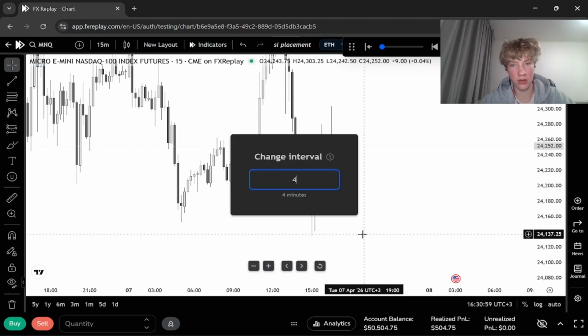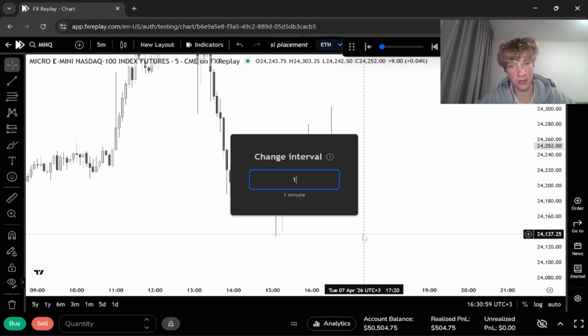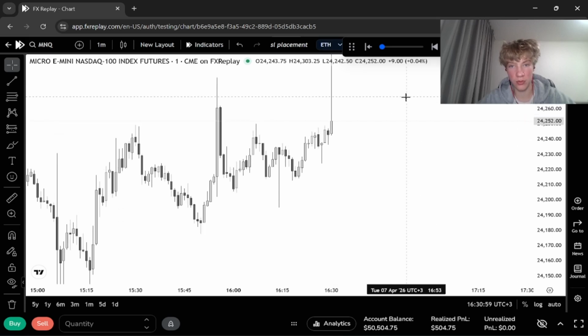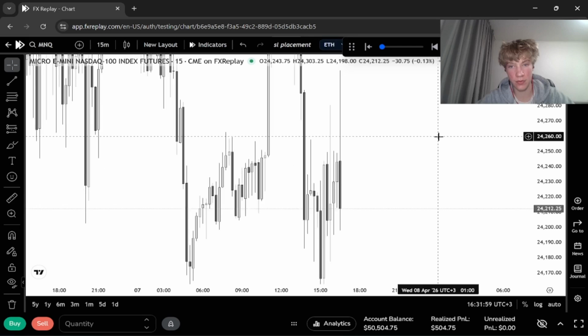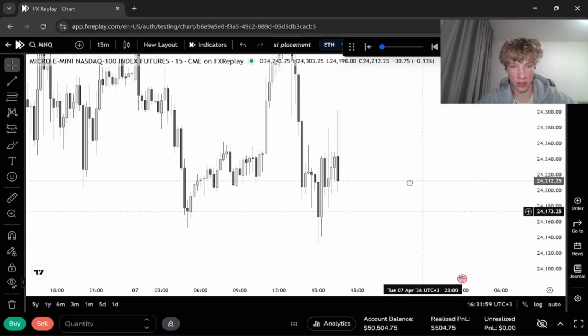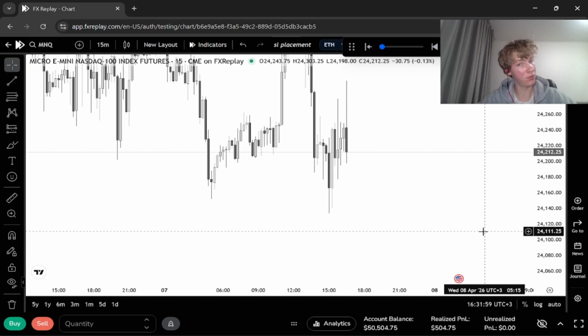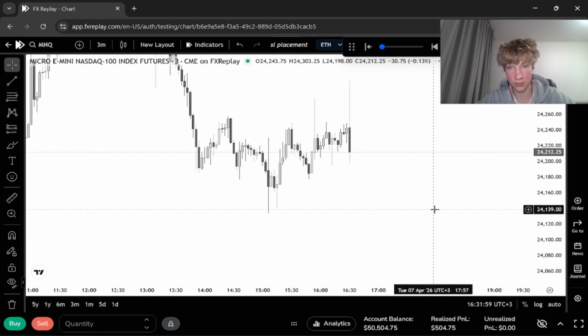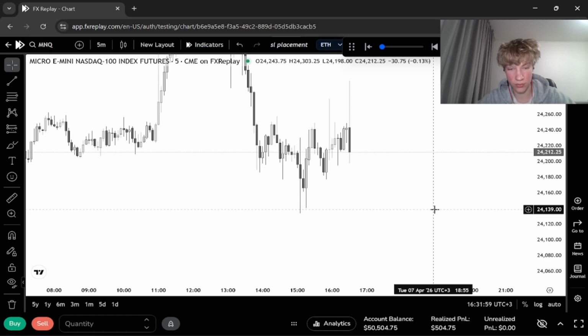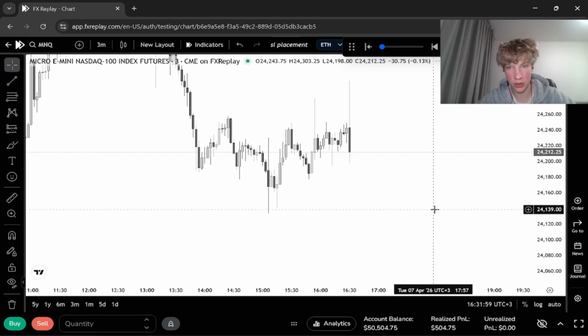We could be looking for a possible trade lower. It's probably going to hit, but do I like it? I don't know.